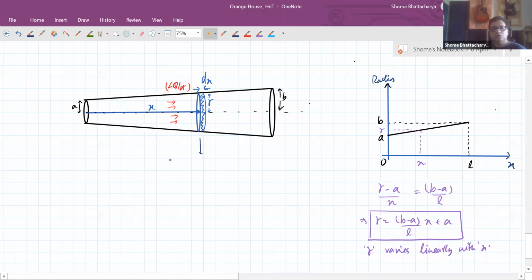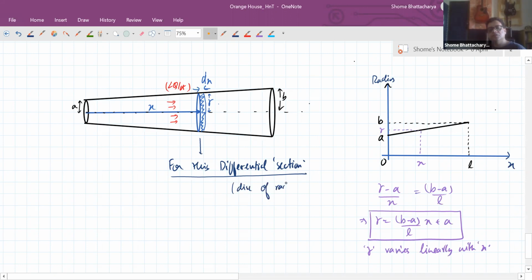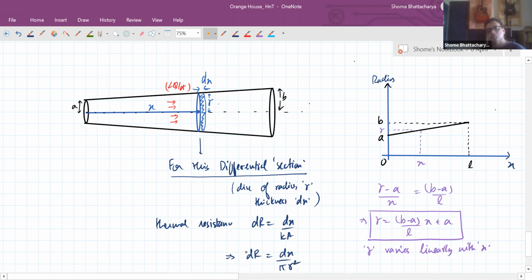So for now we can see that for this differential section, which is a disk of radius r and thickness dx, the thermal resistance is this, where r is this.